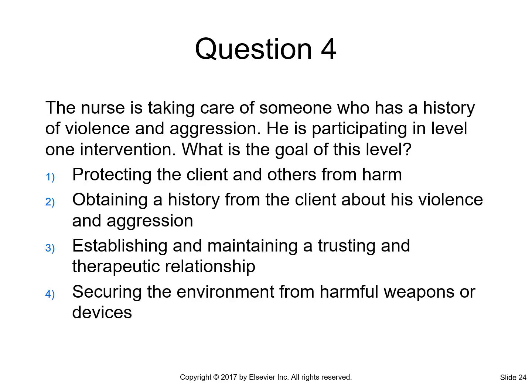The nurse is taking care of someone who has a history of violence and aggression. He is participating in level 1 intervention. What is the goal of this level? Oh, by the way, level of intervention is in page 292, table 25.3.